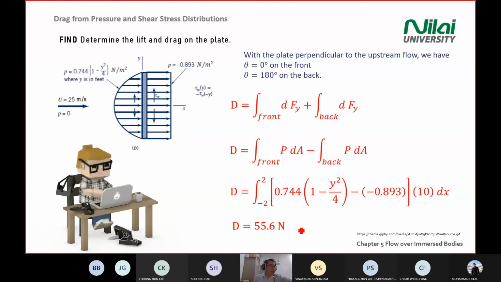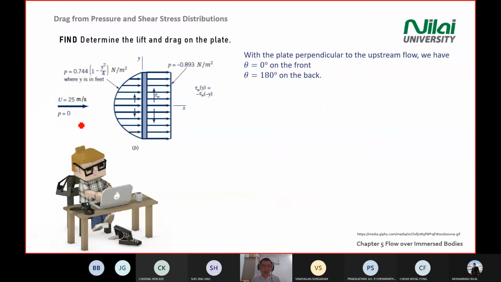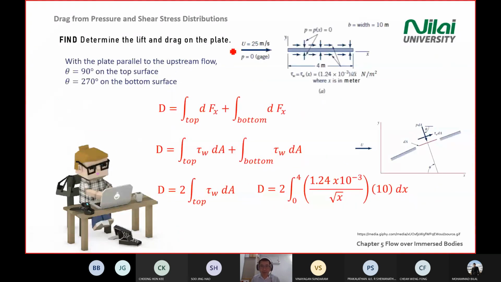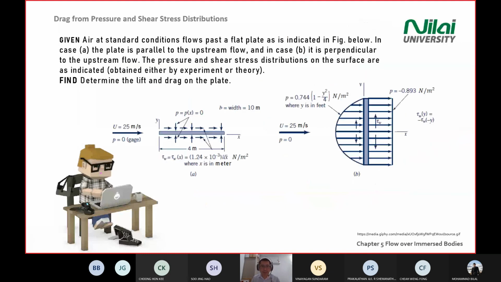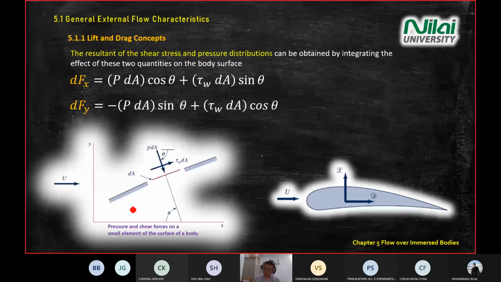Okay, so at this point, at least you should know in general concept what is drag, what is lift, by looking at the direction of the upstream. And then you know that your lift and drag consist of two main forces. One consists of pressure, one consists of your shear stress. Right? And the derivation comes from this diagram, which is in your question number 5.